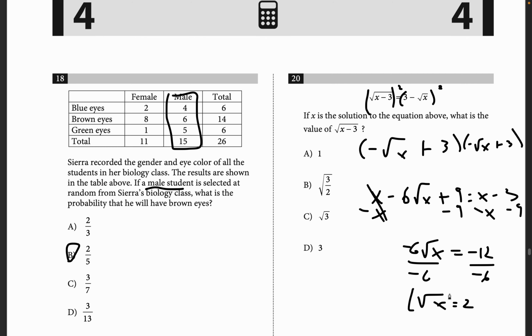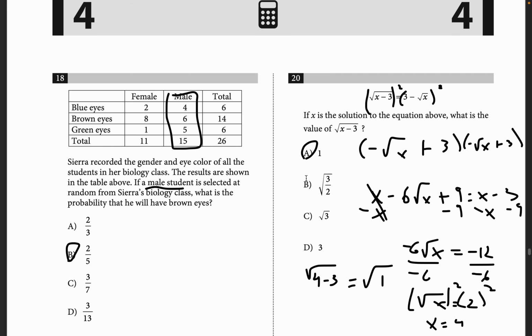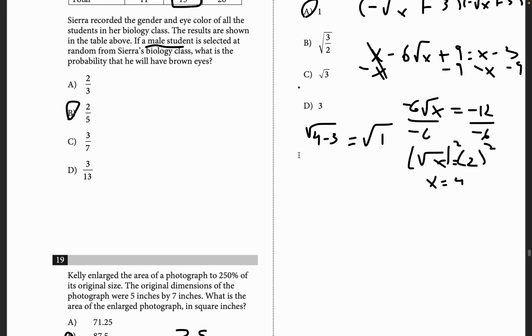Let's square this. So x equals 4. And now what is the value of the square root of x minus 3? So the square root of 4 minus 3 is equal to the square root of 1, which is just 1. That was not my favorite problem.